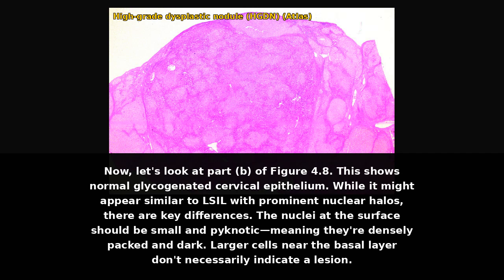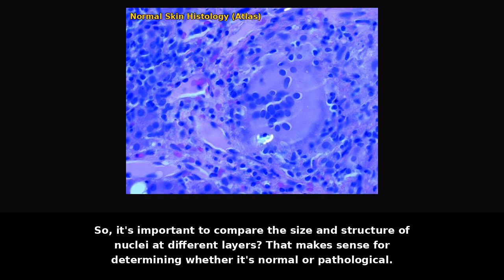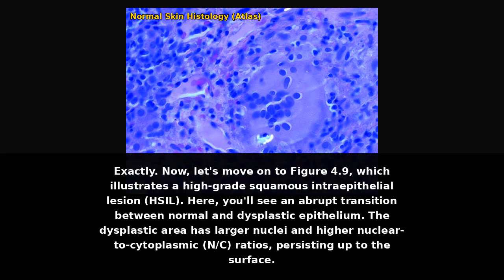Meaning they're densely packed and dark. And larger cells near the basal layer don't necessarily indicate a lesion. So it's important to compare the size and structure of nuclei at different layers. That makes sense for determining whether it's normal or pathological.